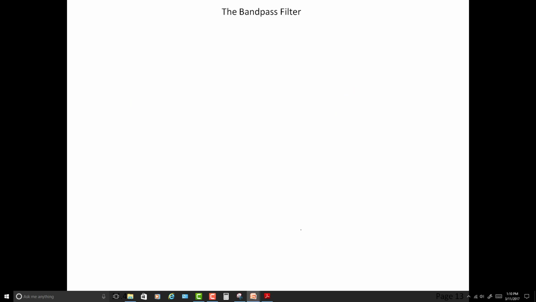So let's move to that next one, which is the bandpass filter. And in order to do that, we want a combination of both a high pass and a low pass. It isn't going to happen quite so simply here with R's and C's and so forth, because we don't have that. We're saying these are passive, right?